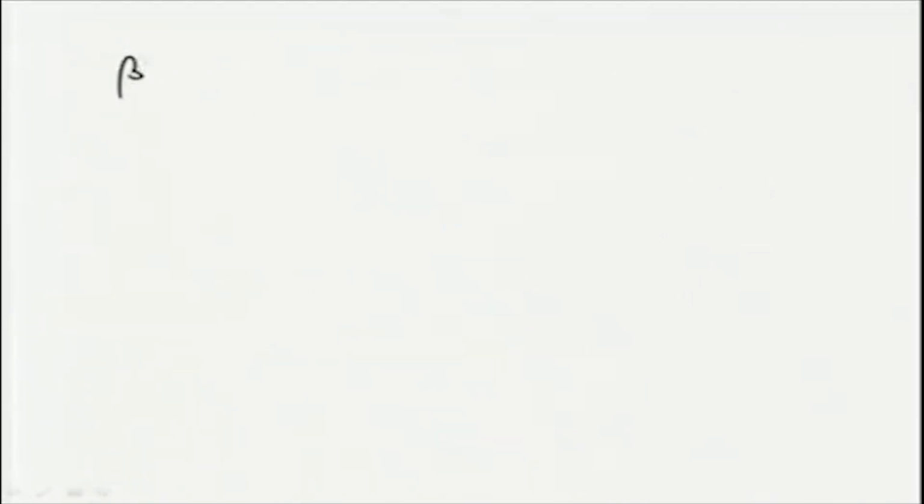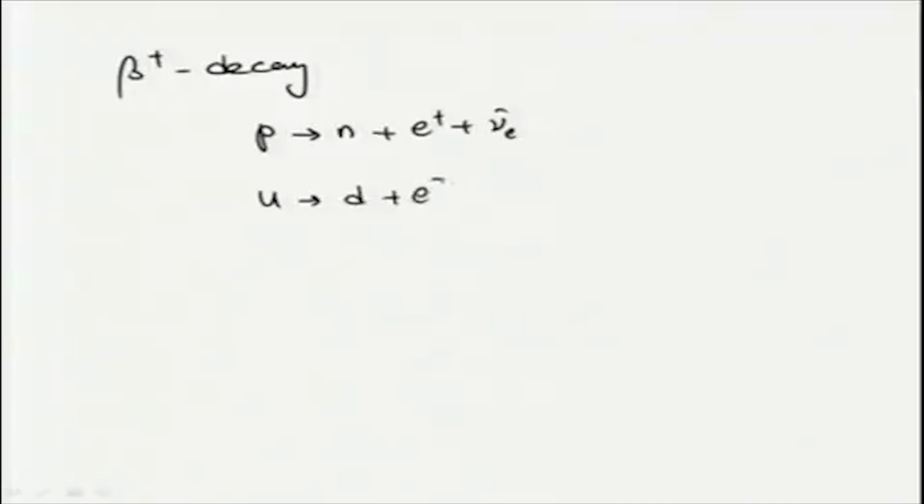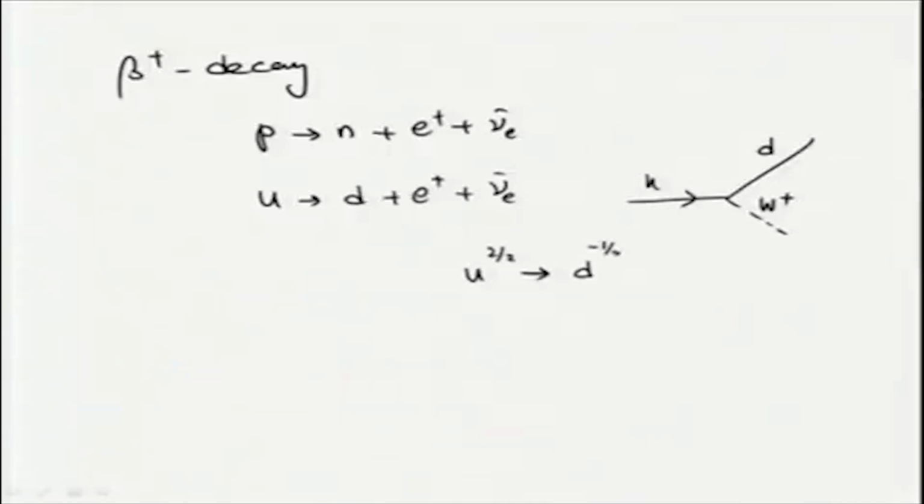It is possible to have a beta plus decay also, which is essentially p going to n plus positron plus neutrino, and this can be thought of as conversion of a u quark into a d quark plus a positron plus a neutrino. So, this is pictured as u quark into d quark with the W plus now, because u has a charge 2 by 3 and goes into d with charge minus 1 by 3 plus W plus 1.